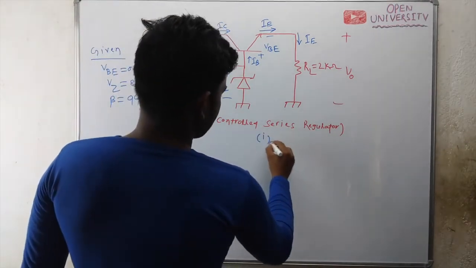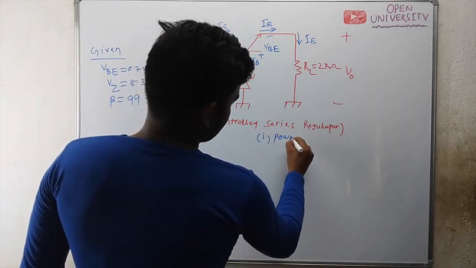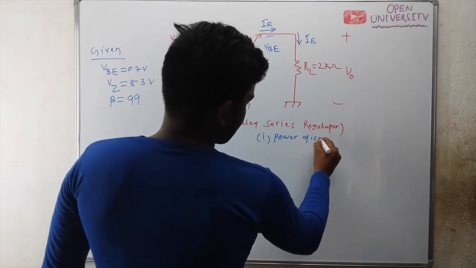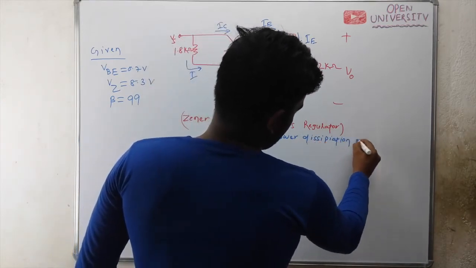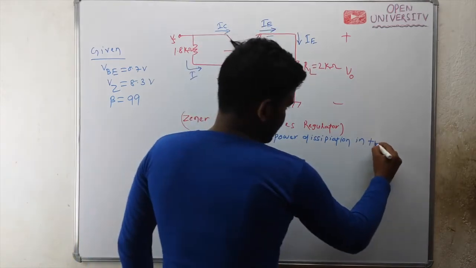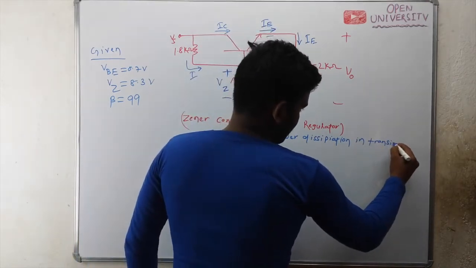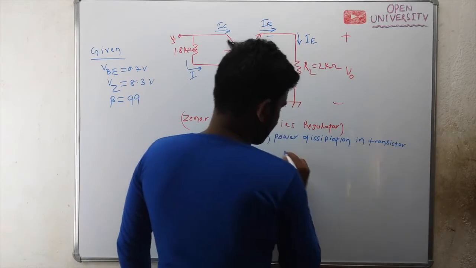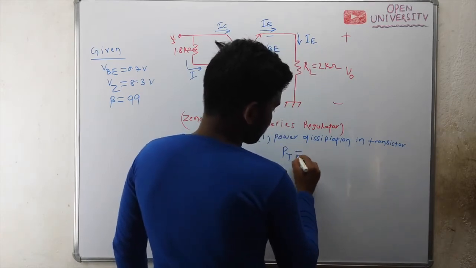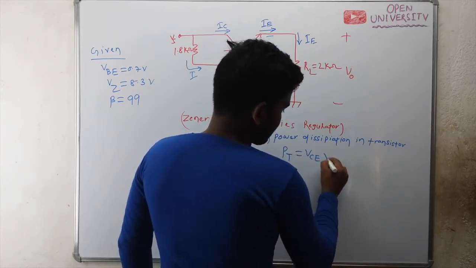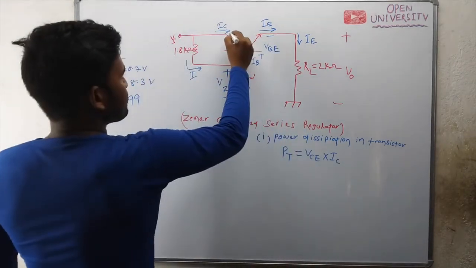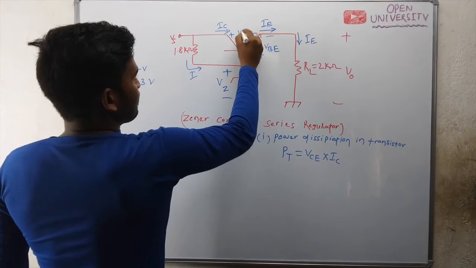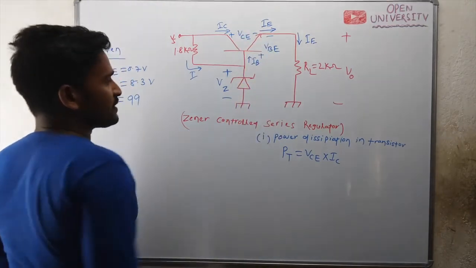First question: power dissipation in transistor. How much power is dissipated through the transistor? PT equals VC into IC.